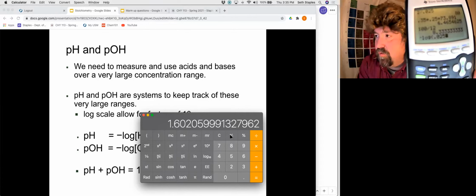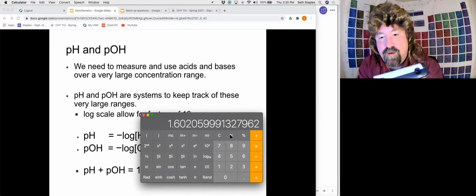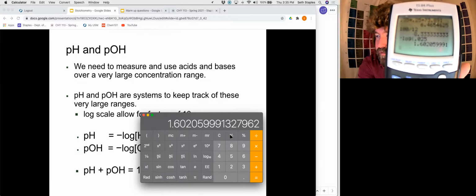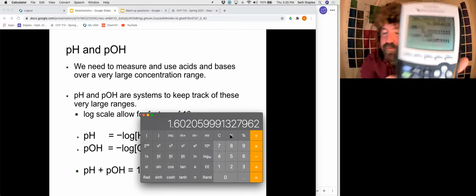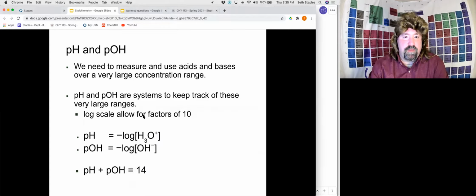Negative log of 0.025, and then I can press enter. And I get my 1.6. So again, it's just going to depend on the calculator type that you have, but that's how you would calculate the pH.